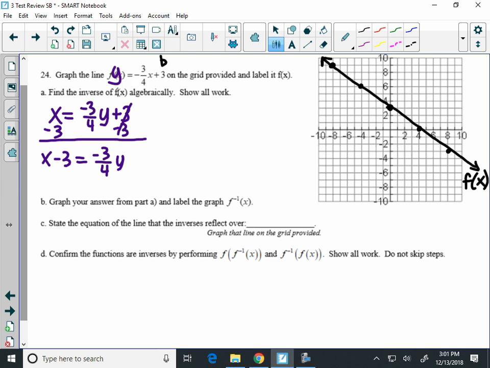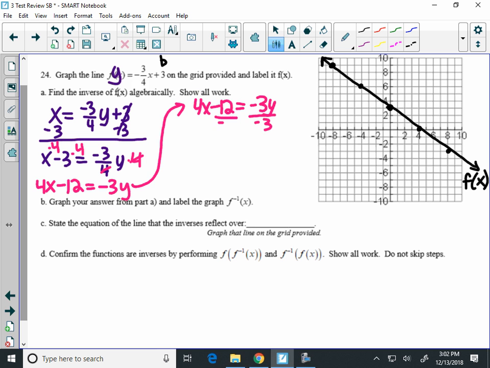And we need to clear the denominator here. So I'm going to start by multiplying both sides and every term by 4. I'll have 4x minus 12 equals negative 3y. And I'm going to rewrite that up here. Because in order to get y by itself, I now have to divide every term by negative 3.